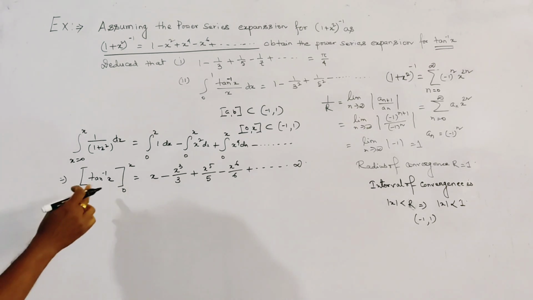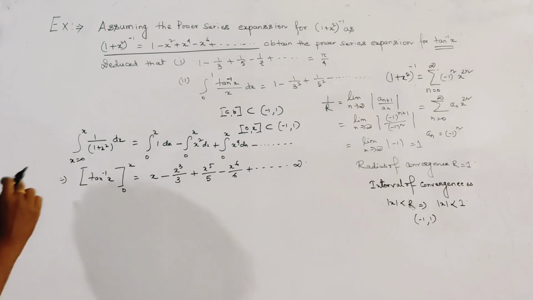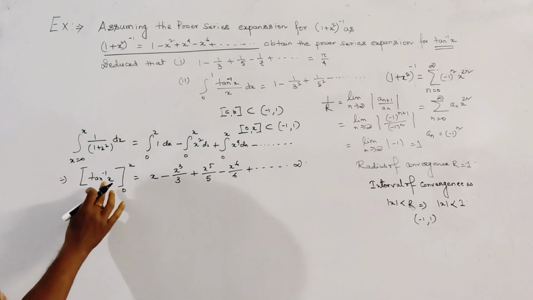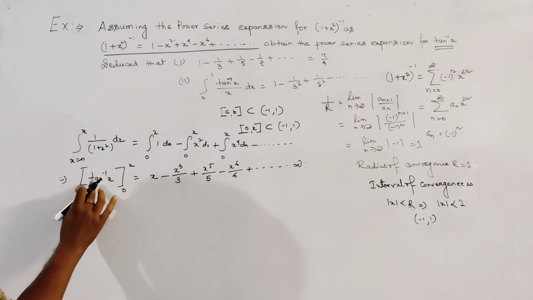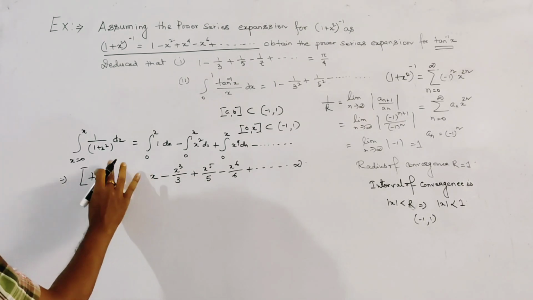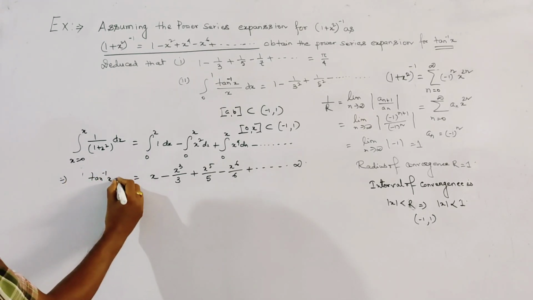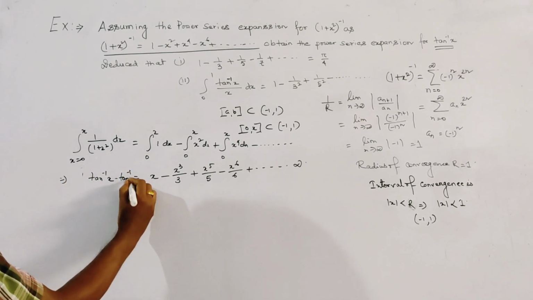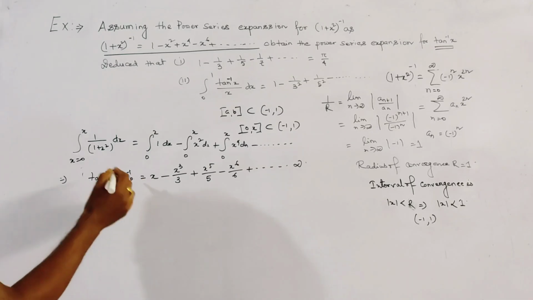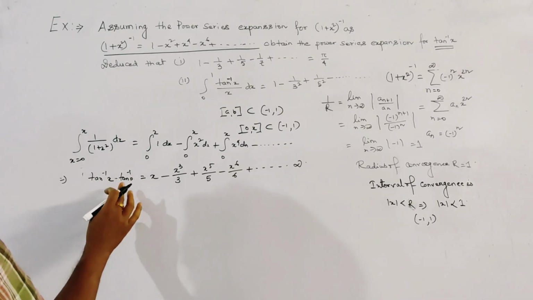Putting the limits on the left side also, we get tan inverse x minus tan inverse 0, and tan inverse 0 is 0.